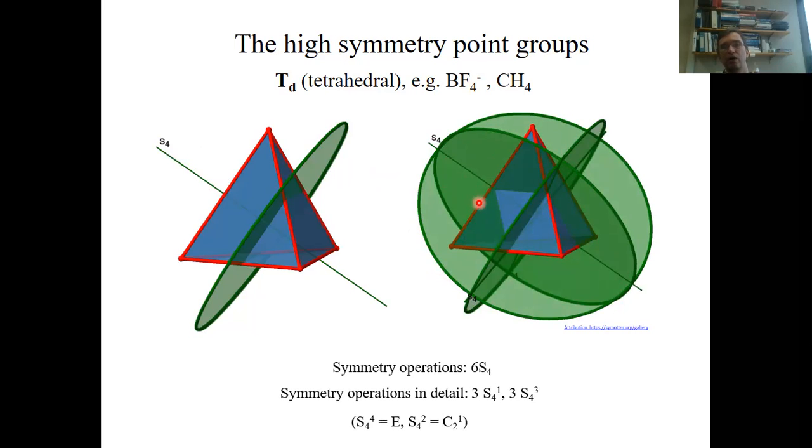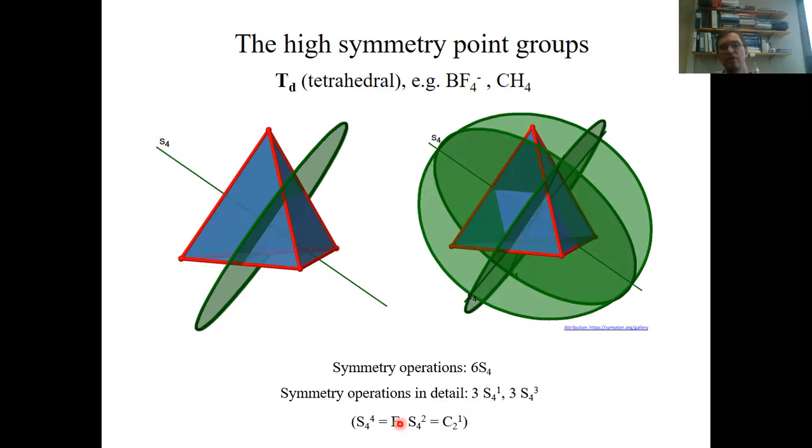Okay, so now how many symmetry operations do we have to consider overall? Each S4 axis is associated with 2 symmetry operations, the S41 and the S43, as we have seen previously. The S42 is the same as the C21, and the S44 is the same as the identity.